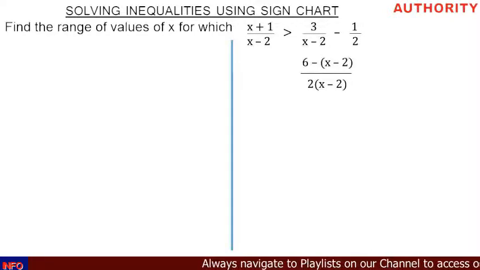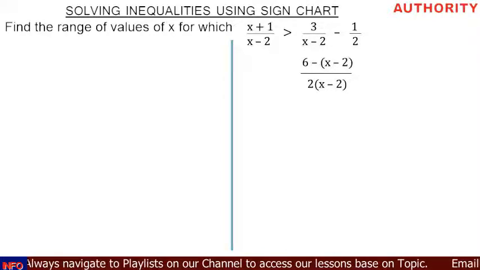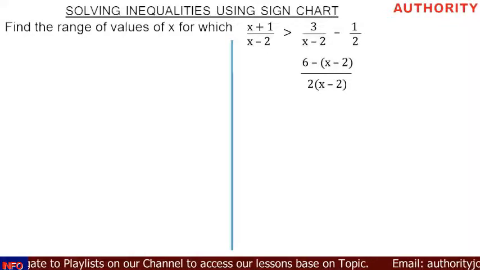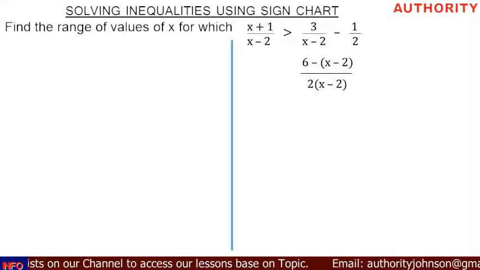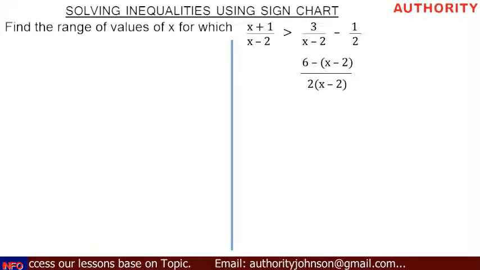We can simply take 2(x - 2) as the LCM. Then 2(x - 2) divided by (x - 2): the (x - 2) cancels, remaining 2. Now 2 multiplied by the numerator gives 6, that is 2 times 3.